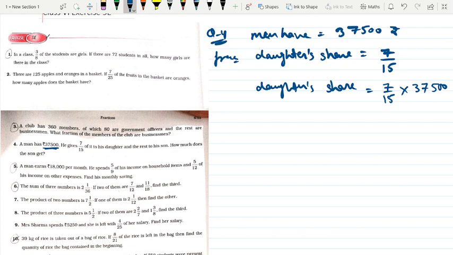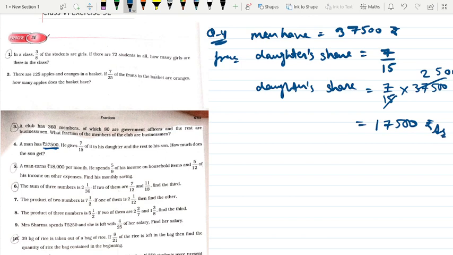So just cancel this out. 15 2 ja 30, 15 5 ja 75. So just multiply them, you will get 17,500 rupees. That is your answer.